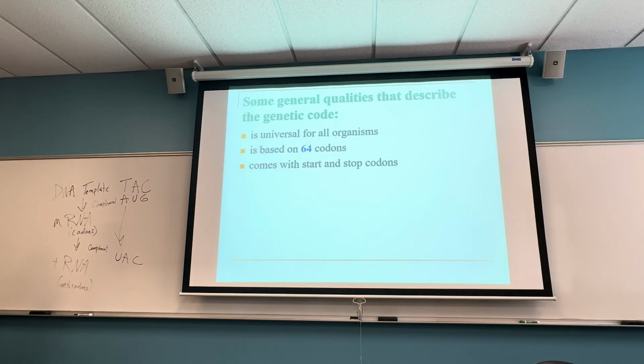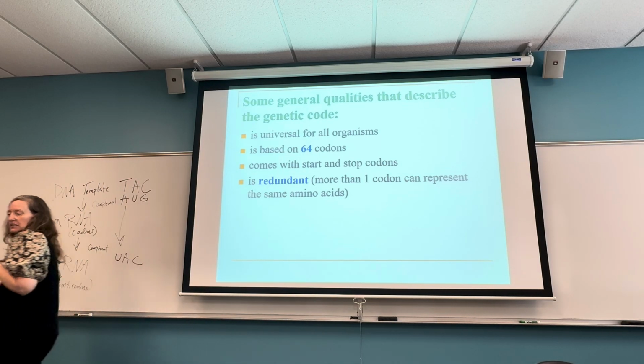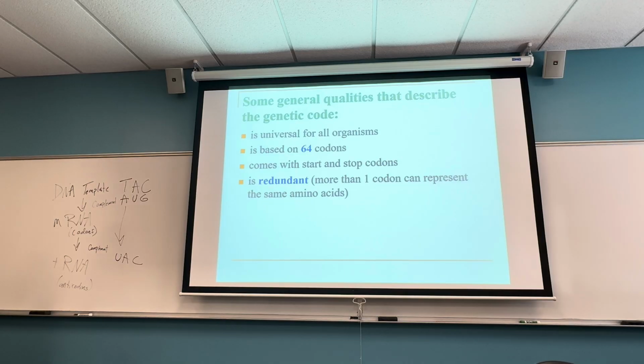It comes with a start codon and stop codons. And the redundancy means that a mutation can be made and it will still code for the same amino acid, potentially. Sometimes, not always, but at least we have a little bit of wiggle room there with mutations.